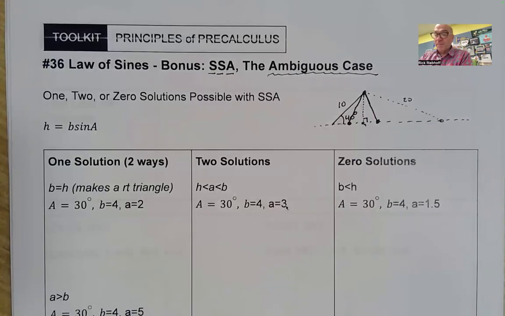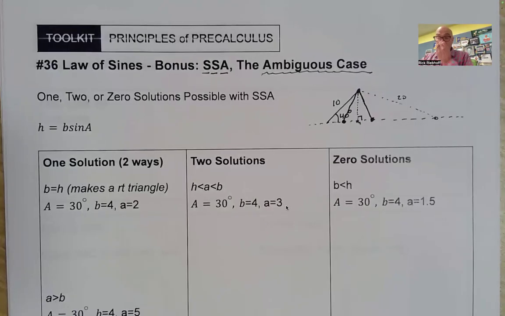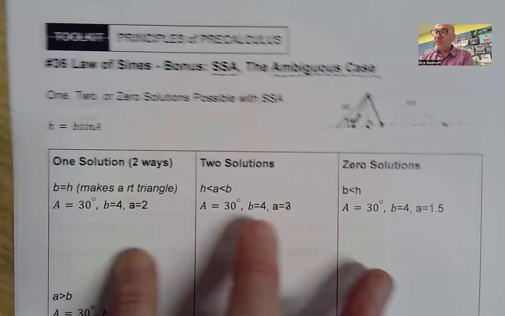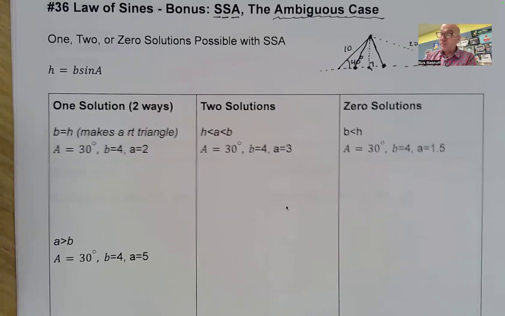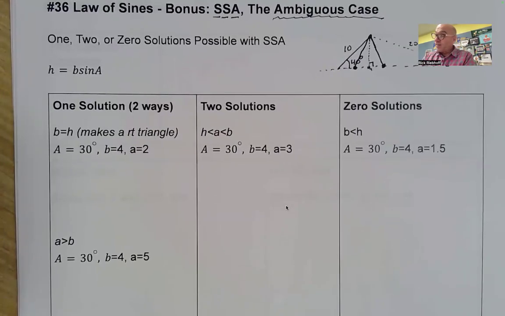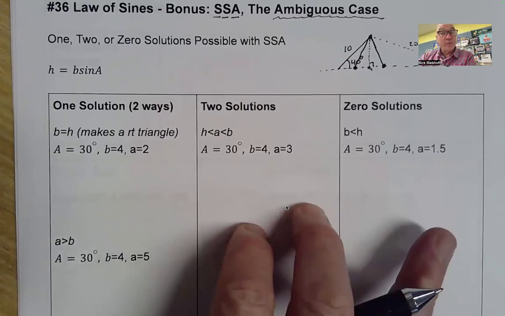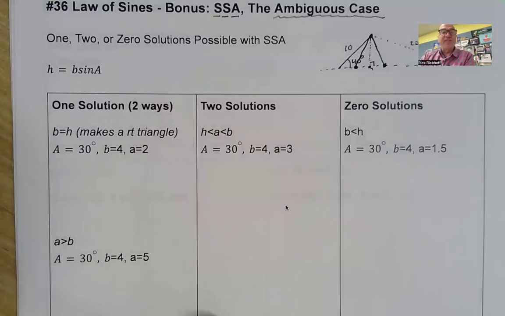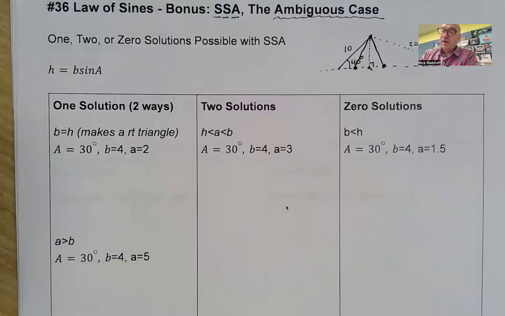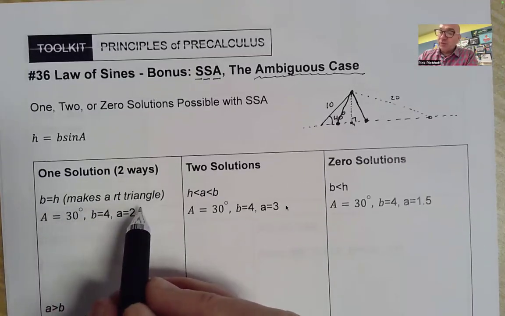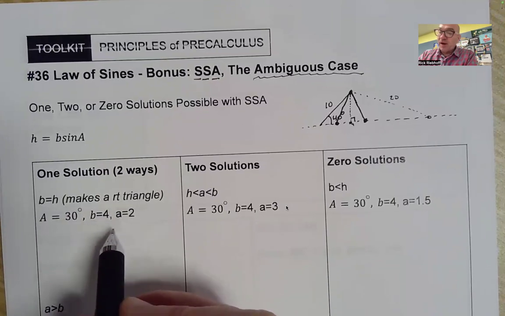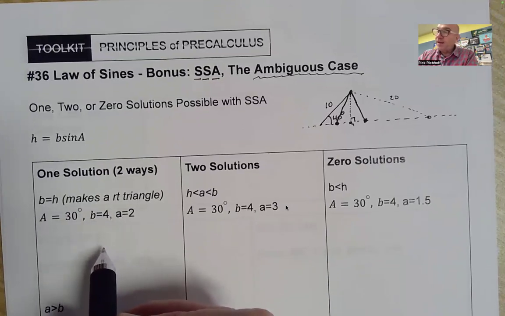We're going to play with that and show you each of them here, and then we'll solve one. I think this will be a solve that ends up being a two-solution one, just to give you an idea that this can happen. So if B equals H, we've got our B and our A. And here we go.